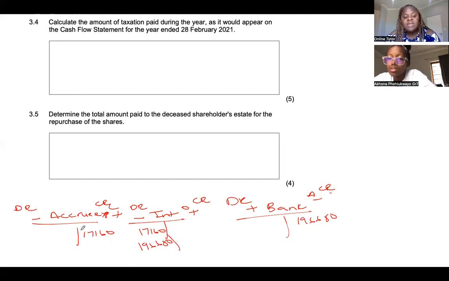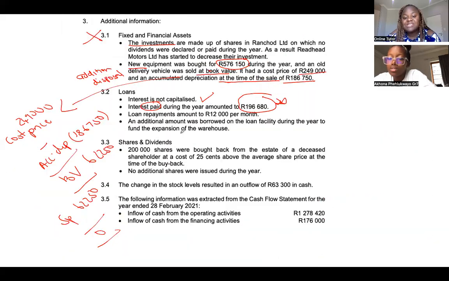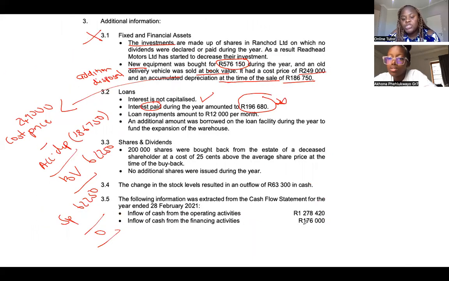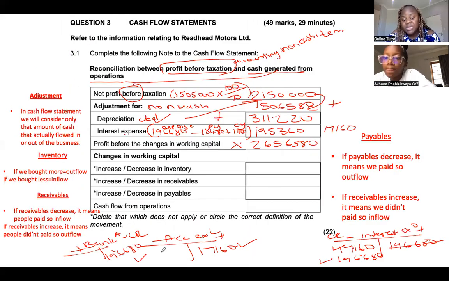Then your accrued expense last year, 18,480. Do you agree that that would be debited? And if that is the debit, we would credit it over here, right? If we balance our T account, let's quickly try and balance it.